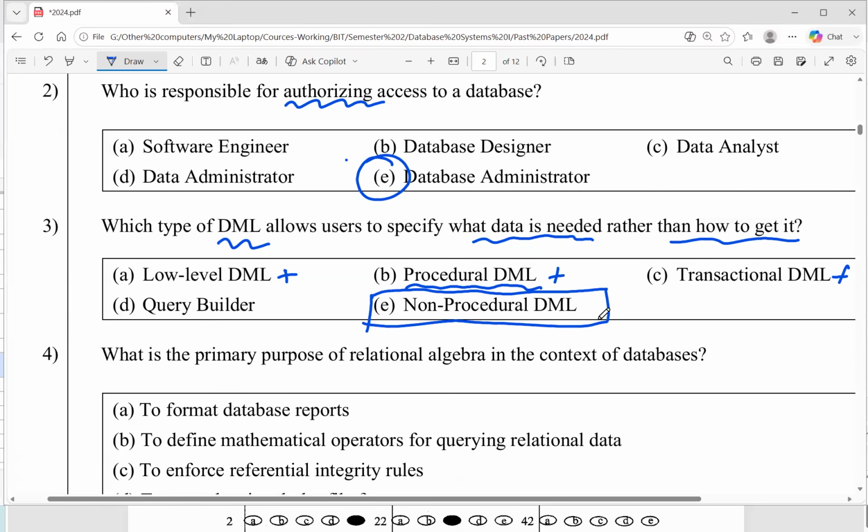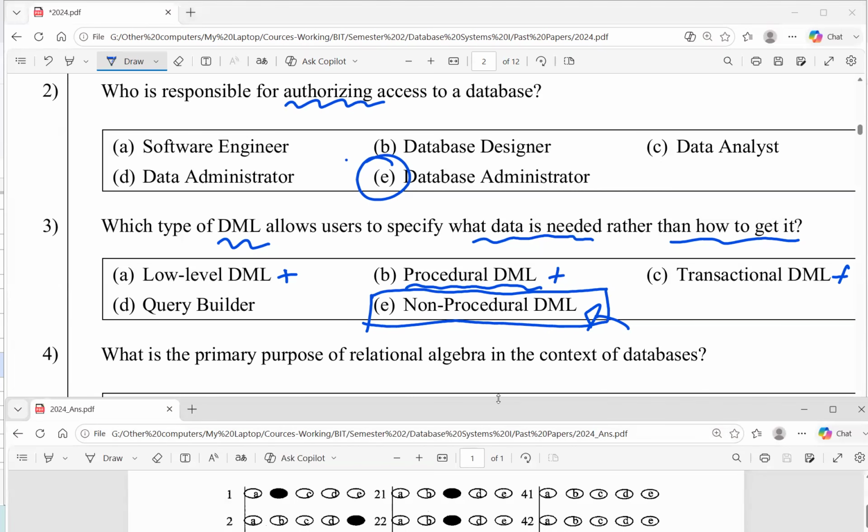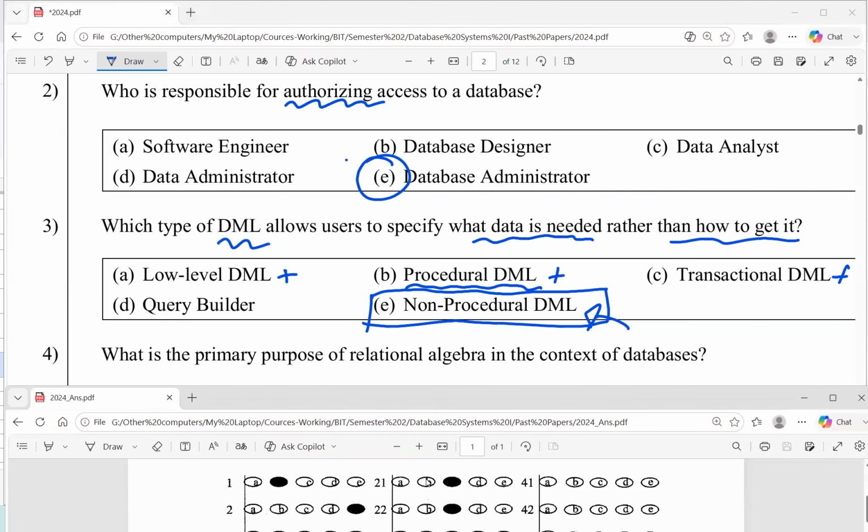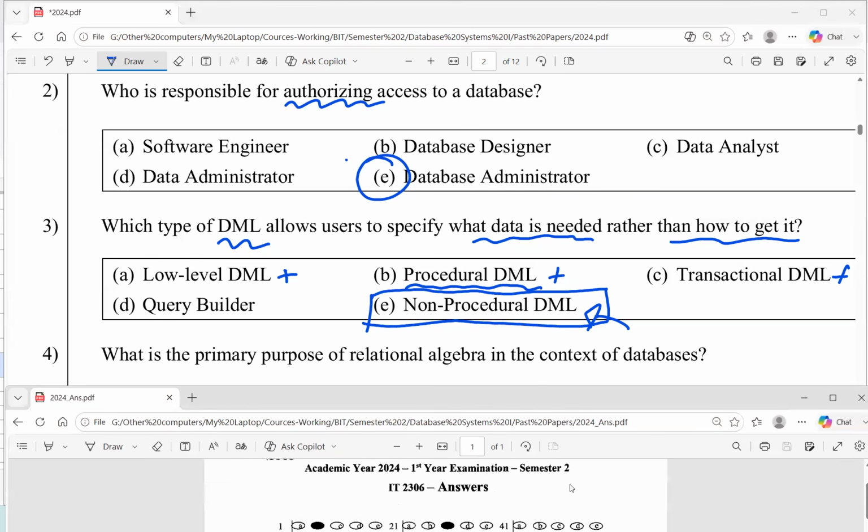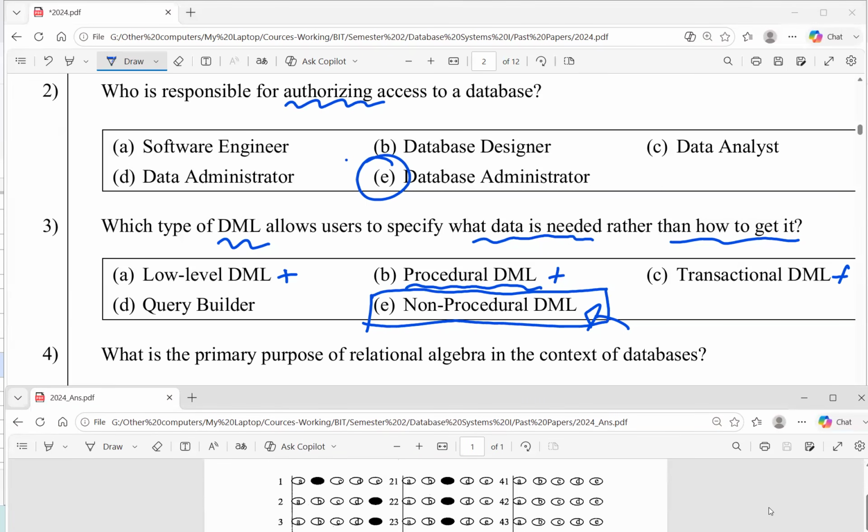So we will go for non-procedural because this is the closest out of these 5 answers. E. Yes, third one E.